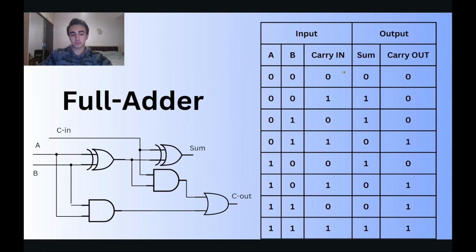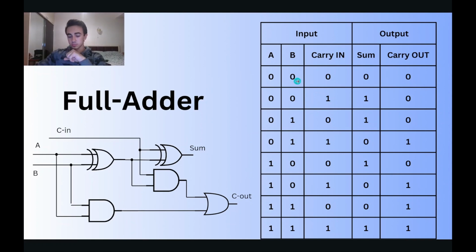But to have the whole operation performed, we need the full adder. But first let's take a look at the truth table of full addition. Here we also have the third input, carry in. It is the carry that we have produced from the previous operation.